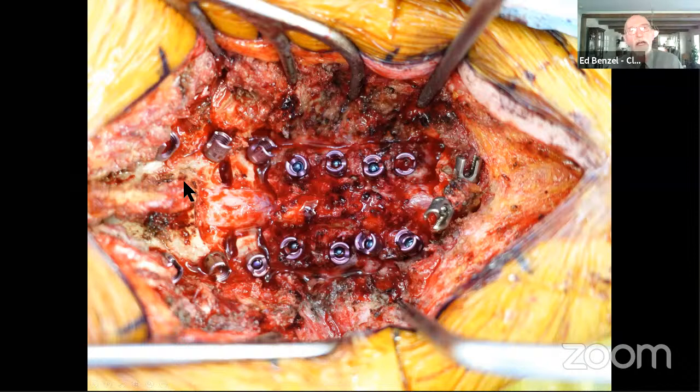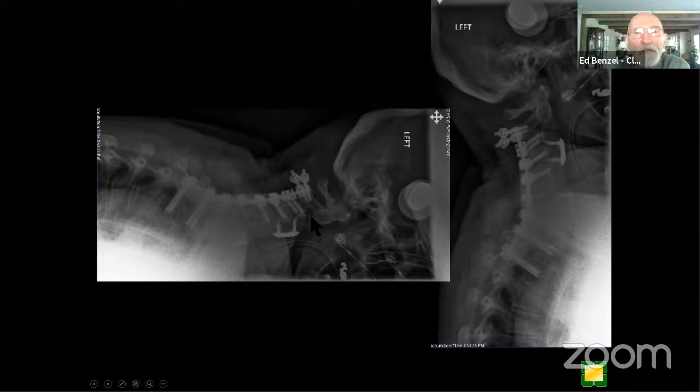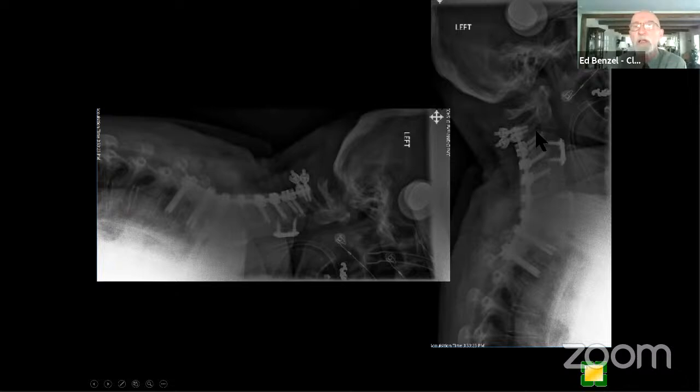And you can get about 10 degrees, maybe, or at least 5 degrees per level. She did not need a lot, as you can tell. And we used the intraoperative X-ray to look at the C2-3 angle. If you take this X-ray and turn it 90 degrees counterclockwise, you can get a feel for what the C2-3 angle is going to be.